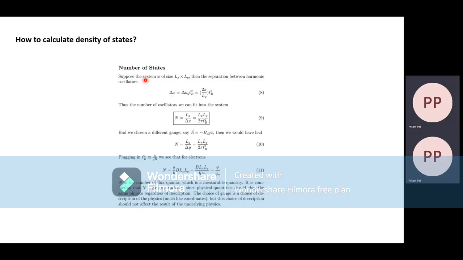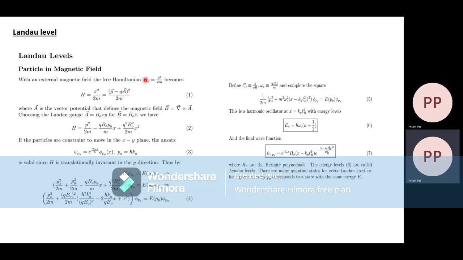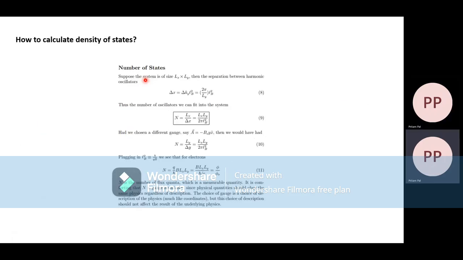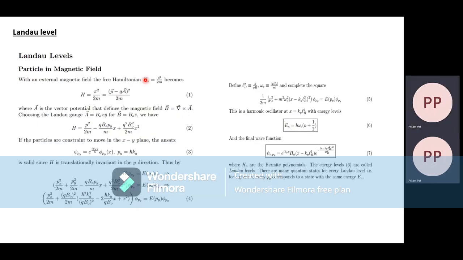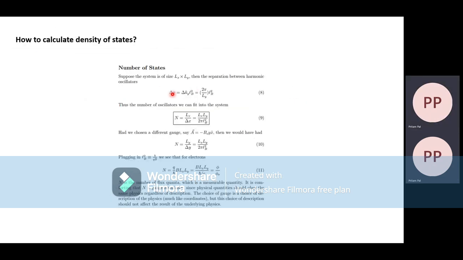So the number of oscillators we can fit into the system will become, from here you can see the x term, right? So simply from here you will get the value of delta x. This will be the separation. This is a shifted harmonic oscillator, right?